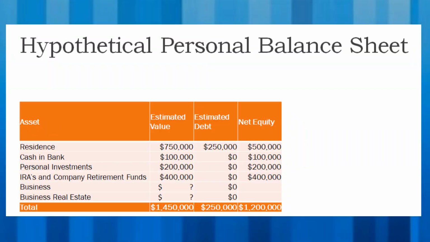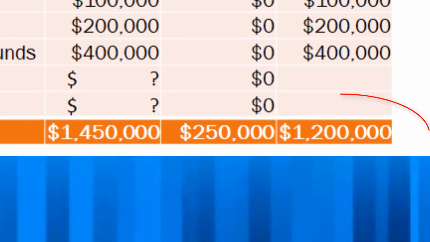If I look at a hypothetical balance sheet for this hypothetical person, I would see the following assets under their control. Obviously, we don't know the value of the business or business real estate just yet, but this puts us in a position of having approximately $1.2 million before we arrive at that computation.